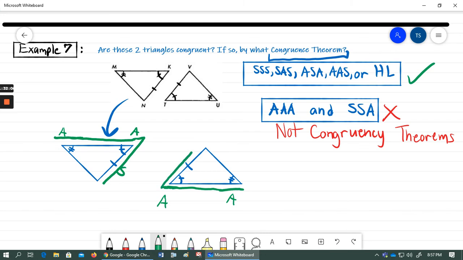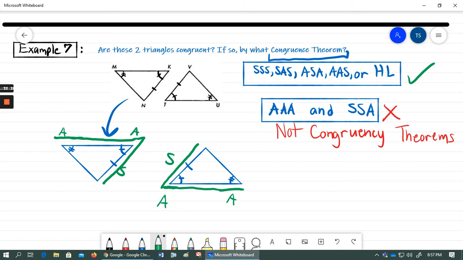And then if you keep going along here, the last congruency mark that you get to for this one is a side. Alright, and that one matches up with the other triangle. So for these two triangles here, folks, we had two angles and a non-included side.